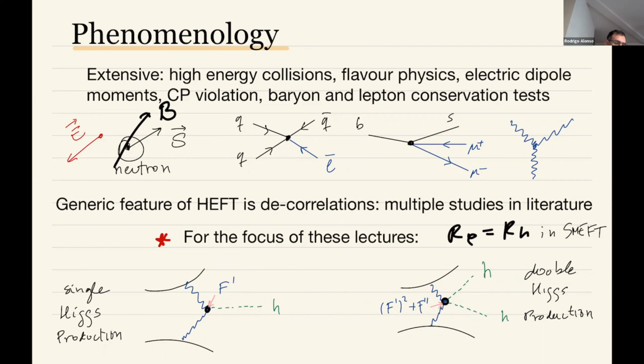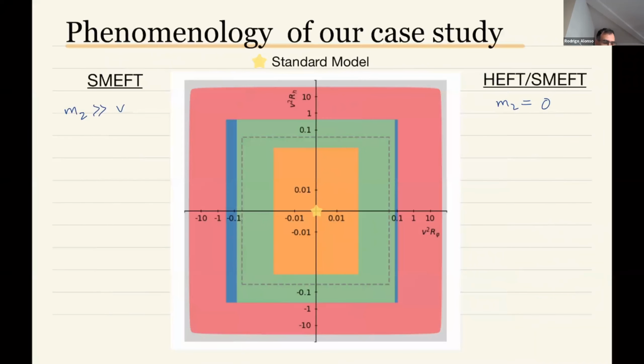It gives us bounds on curvatures, which we can put together into a plane of both curvatures. This is what I give you here and what is also in the notes. So here in the x-axis, we have the curvature in the phi for the bosons, that definition times v squared, that's 246 GeV, to make it a dimensionless direction.